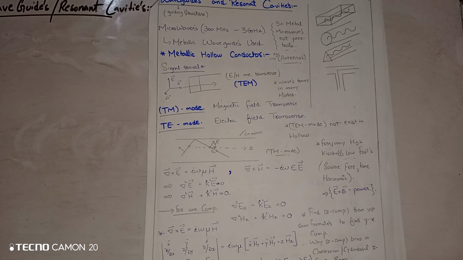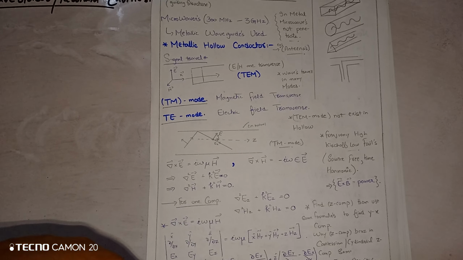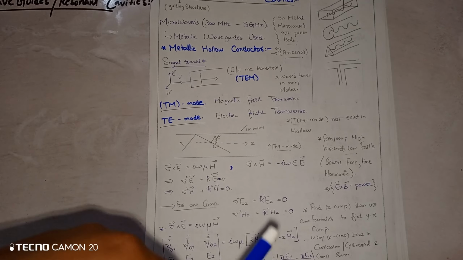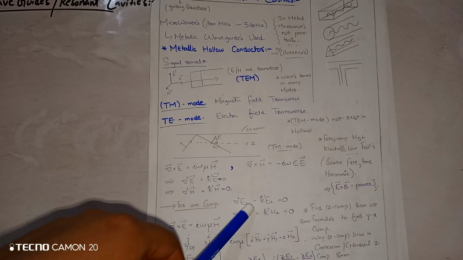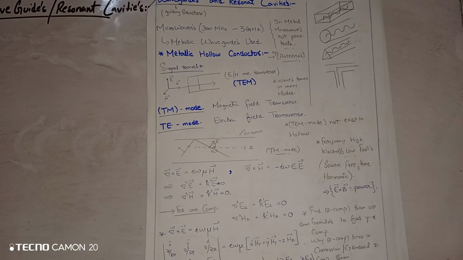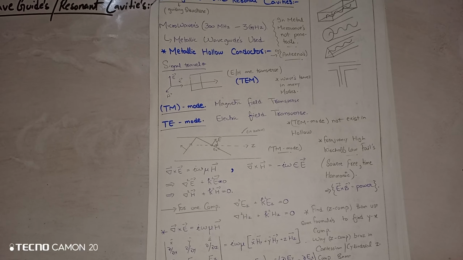Now what we are going to solve: we are solving one component, the z component, and after finding the z component, we use some formulas to find the y and x components also. Why are we finding only the z component? Because the z component is common in the Cartesian as well as the cylindrical coordinate system.